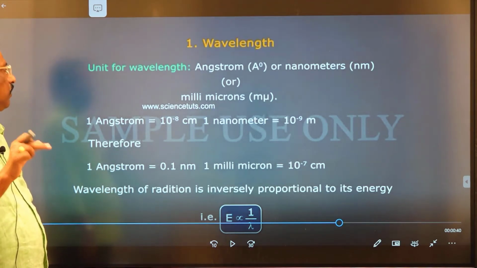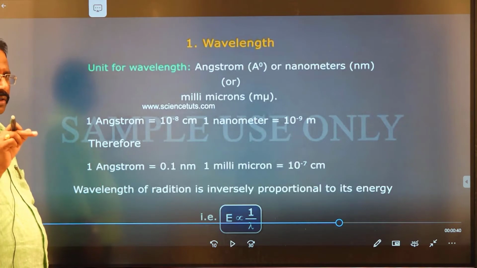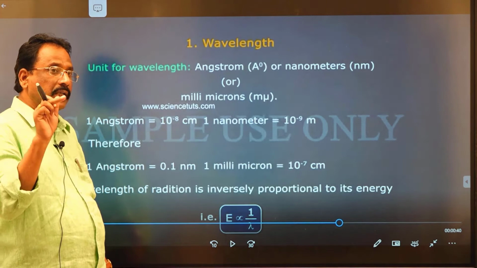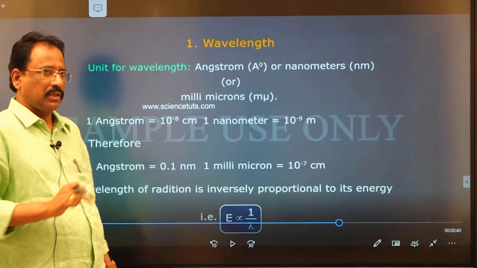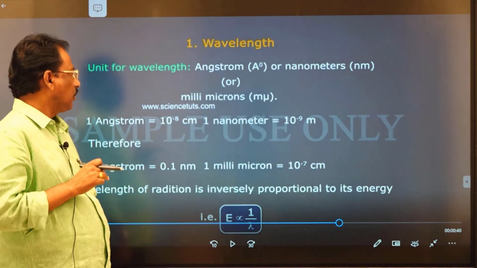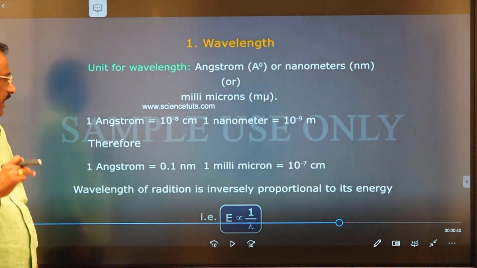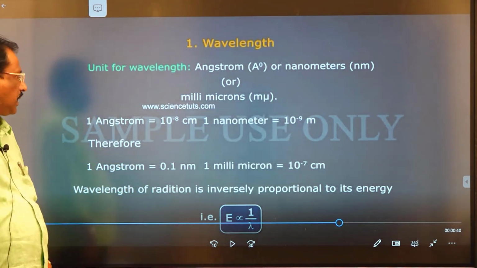For example, the wavelength of violet light is 3800 angstrom unit.